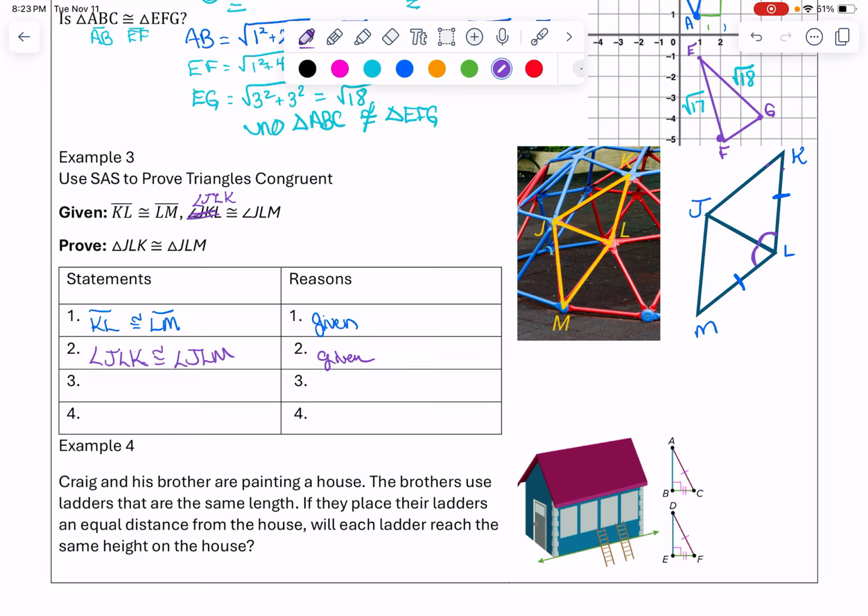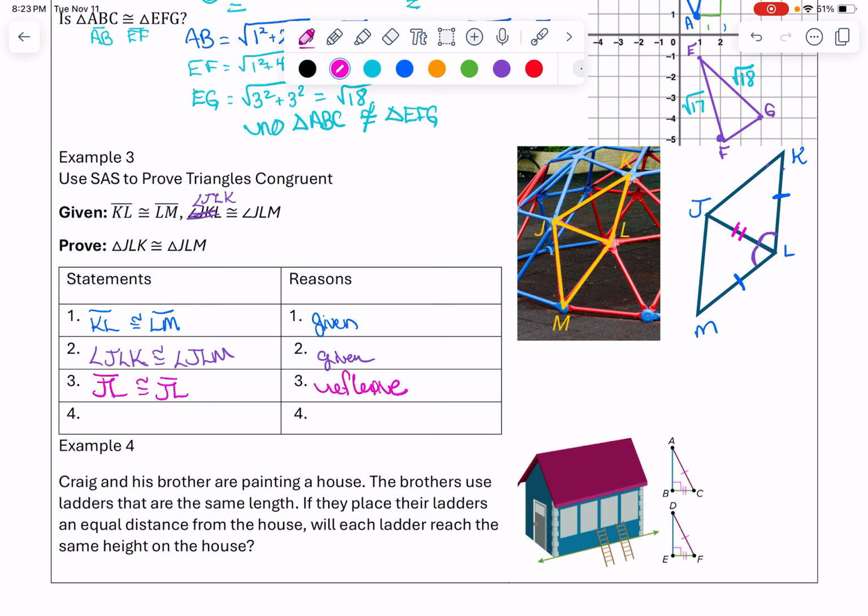And finally, we have a side that is in both of the triangles. JL is congruent to itself by reflexive. See yourself in the mirror. The segment is congruent to itself by reflexive.